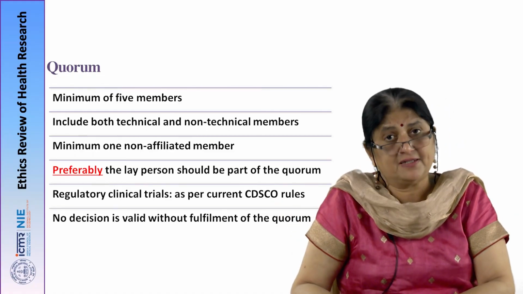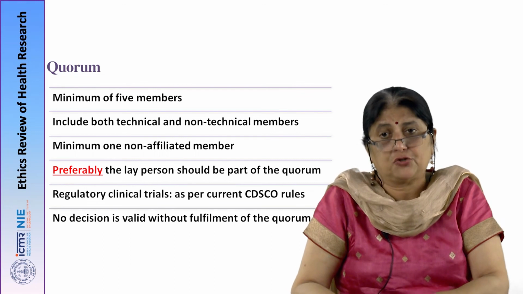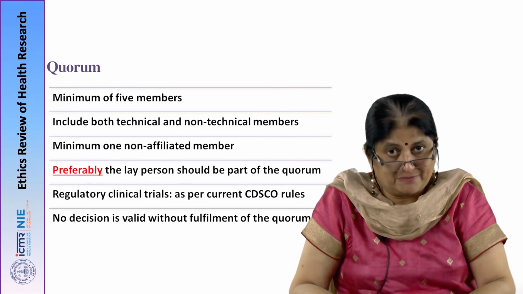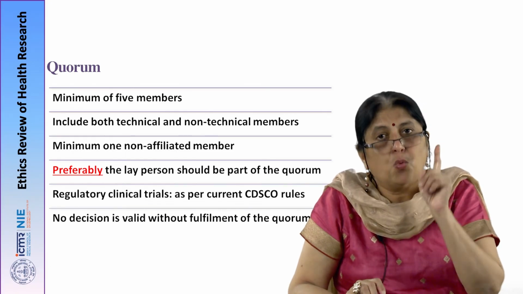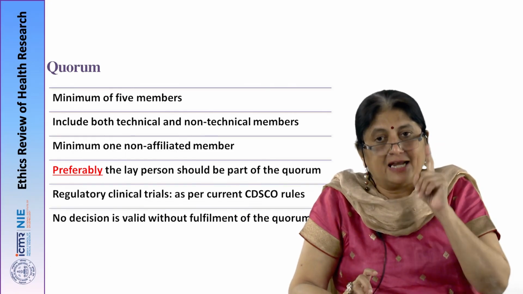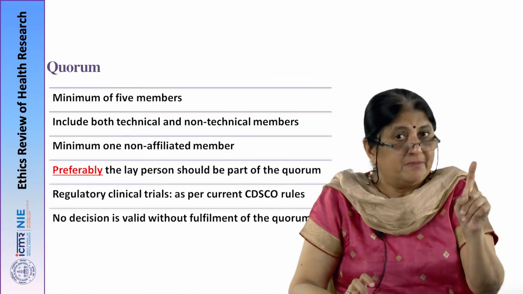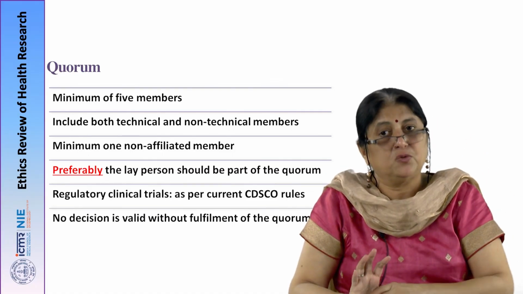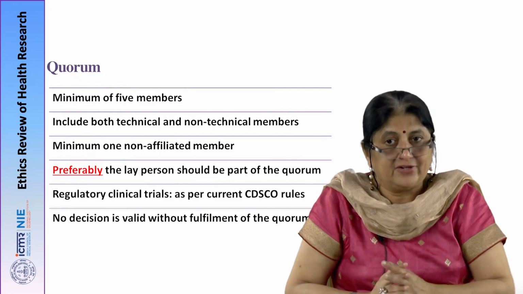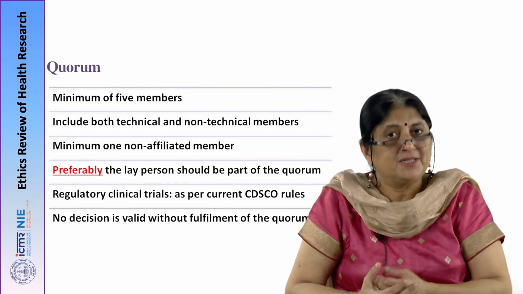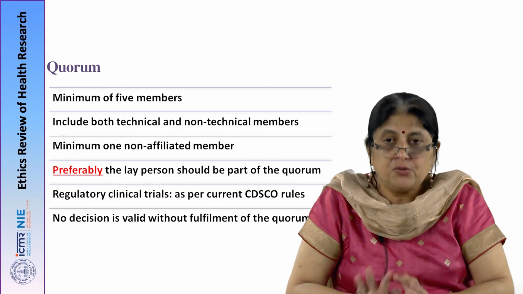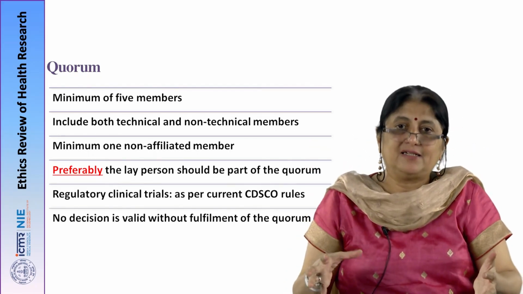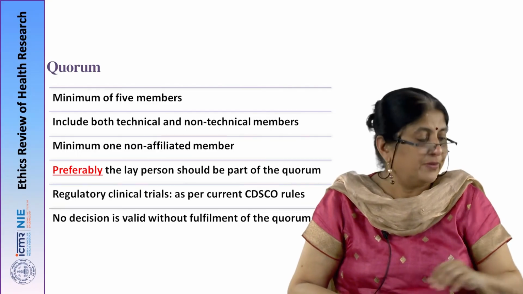But what ICMR says is you must have a mix and match of technical, non-technical members, affiliated, non-affiliated members, but you must have a minimum of 1 non-affiliated member, and preferably the layperson. Remember, the layperson is non-affiliated. The layperson should be part of the quorum. As I said, regulatory trials must be as per CDSCO rules, and no decision can be made without quorum. That means that whole meeting would become invalid unless you fulfill the quorum.